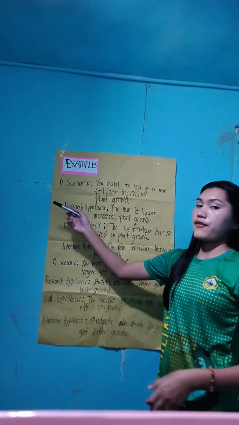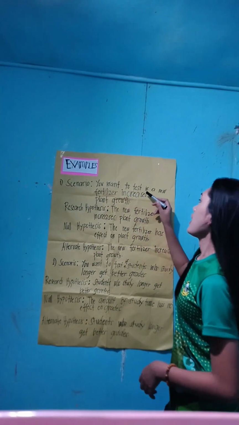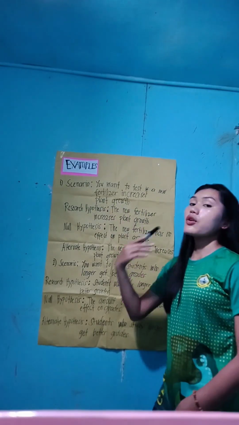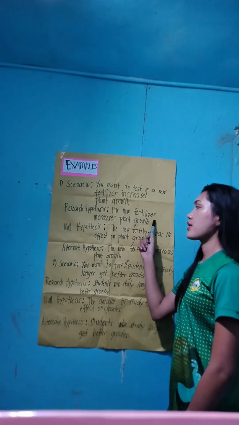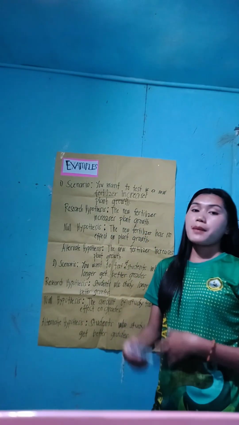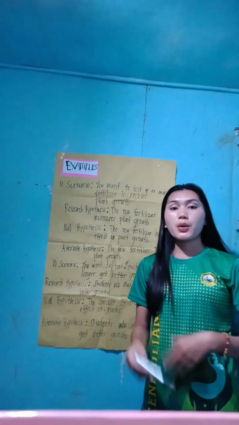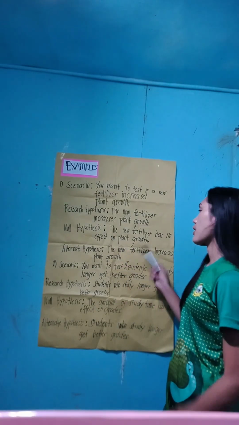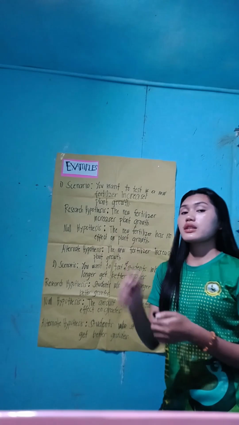So we have here a first scenario. You want to test if a new fertilizer increases plant growth. Of course, our research hypothesis is the new fertilizer increases plant growth. And our null hypothesis, again, there is no relationship between the variables. So the new fertilizer has no effect on plant growth. Did you see the difference?